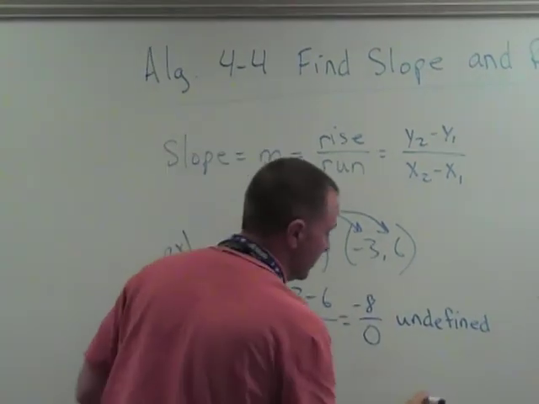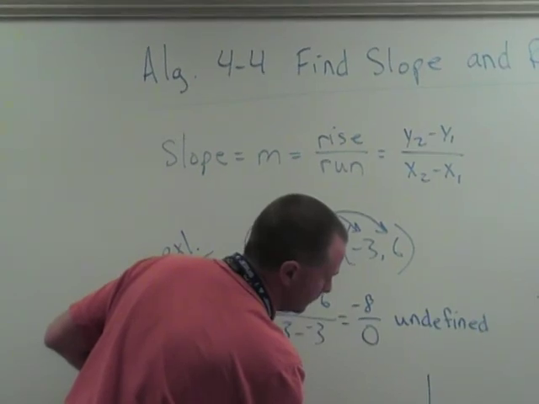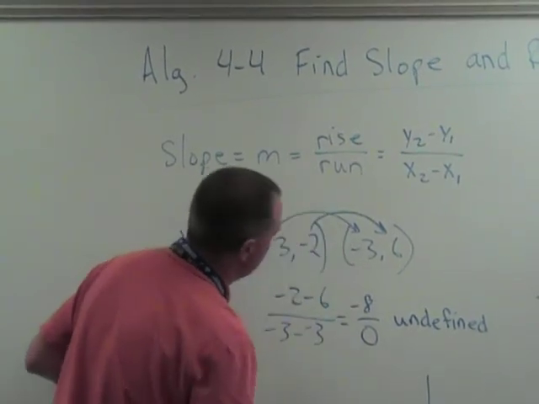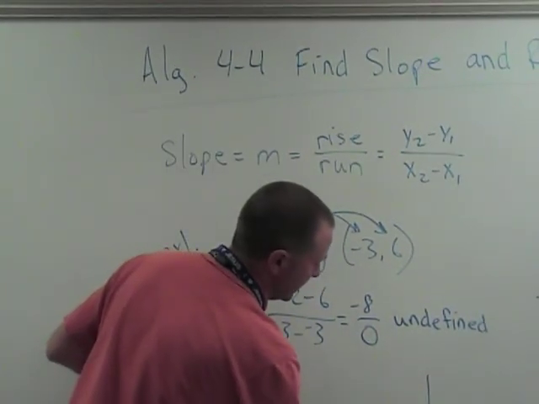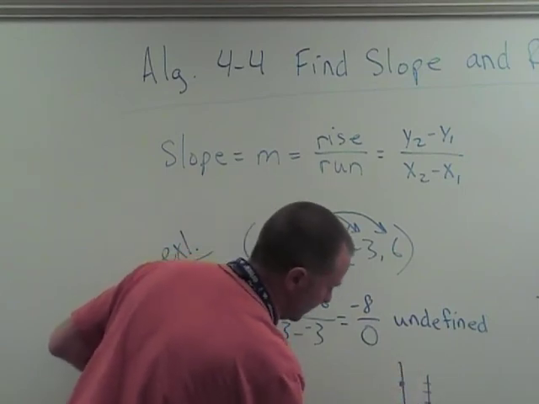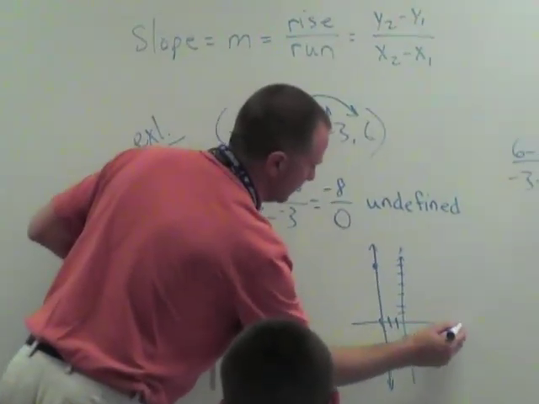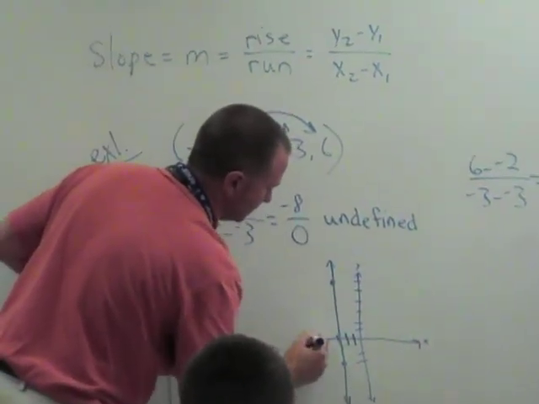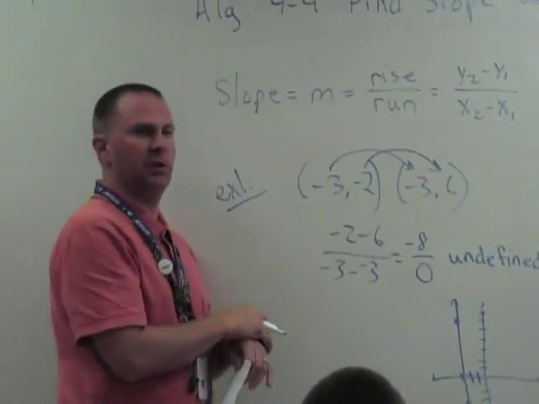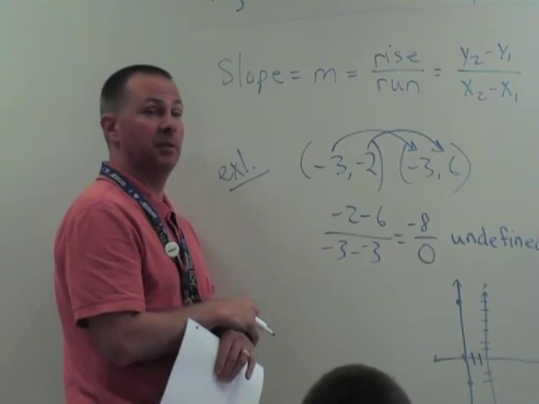Let's actually plot these so you can understand. Negative 3, negative 2 is right here. And negative 3, positive 6 is up here. What is that? Straight. Vertical. The vertical line. What's the equation of a vertical line that you're all supposed to have memorized?